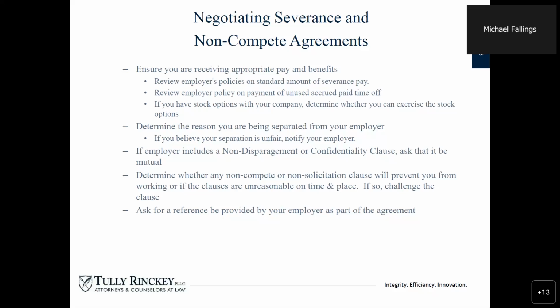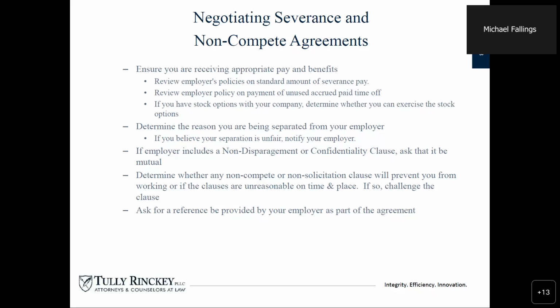Another tip is to determine the reason why you're being separated from your employer. If you don't agree with the separation, if you believe it's unfair, you should notify your employer or consider making a challenge to the reason. And this could be a method to negotiate with the employer either a higher amount of severance or additional clauses within the agreement.